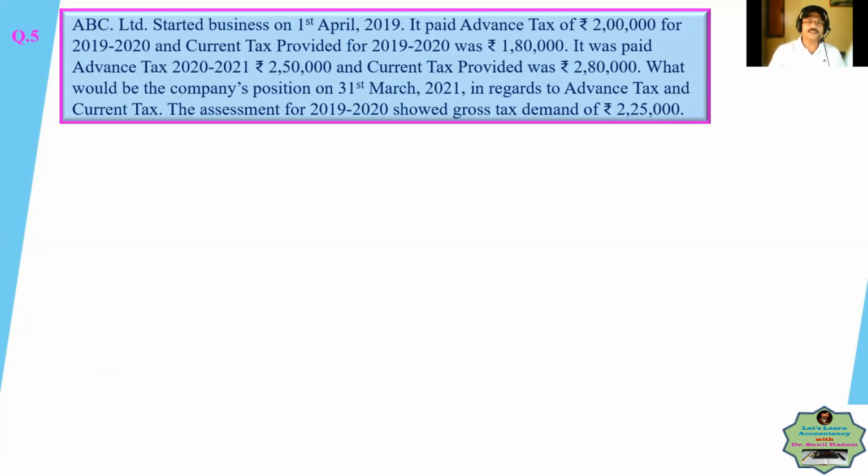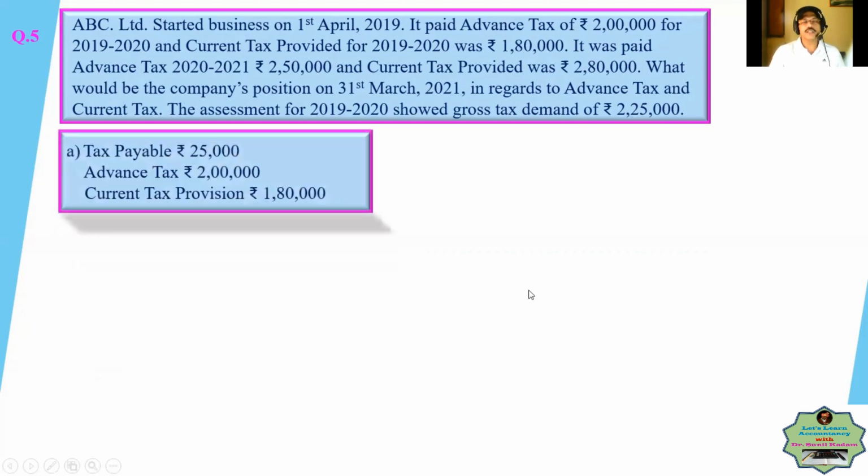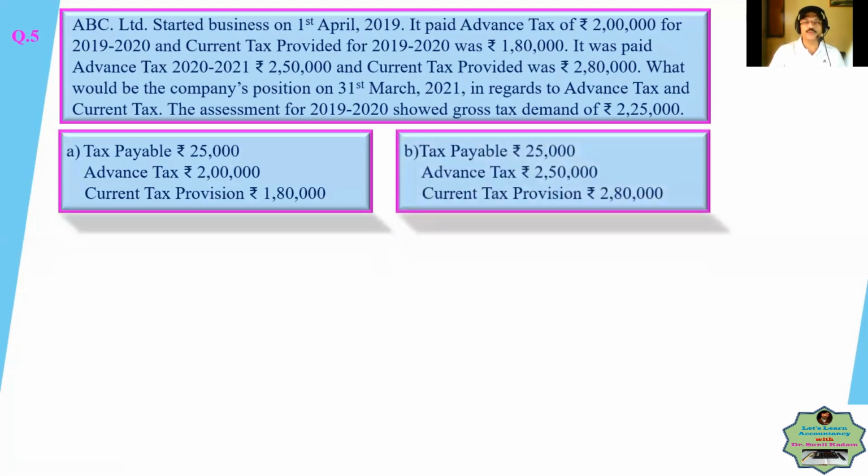So let us try to get the options first. Option 1 says tax payable should be rupees 25,000, advance tax should have a balance of 2 lakh, and current tax provision should be 1,20,000. That's option A. Option B says tax payable 25,000, advance tax 2,50,000 and current tax provision is 2,80,000.